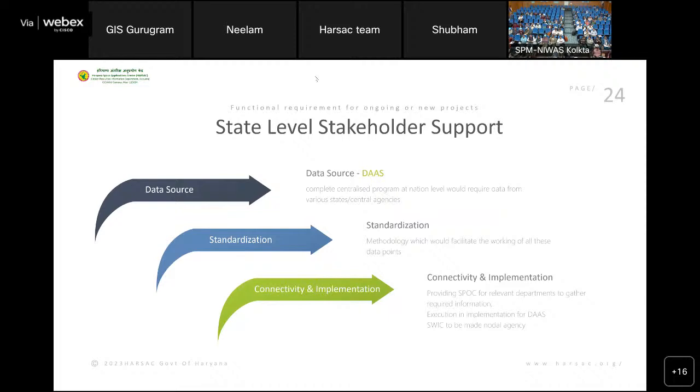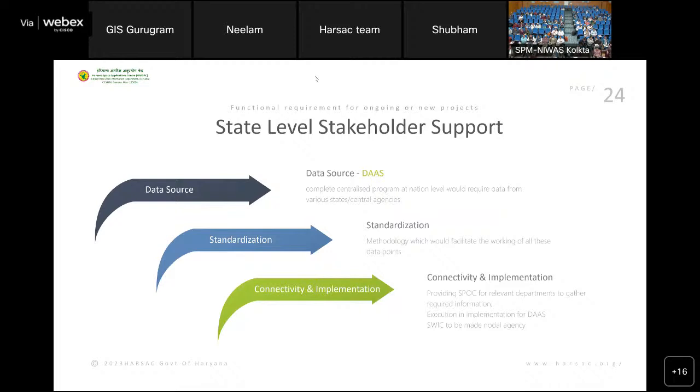Data source: when we are opting for this DAS system, it's going to be a completely centralized program at national level, and we would require complete support from the state level to make sure the standards, the methodologies, and the formats that we have maintained are followed as the data flows, and the vendors are complying with that. Second, with respect to the first part, is the standardization of all this, and connectivity and implementation. Now this is very important with relevant departments.